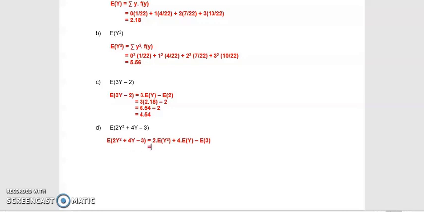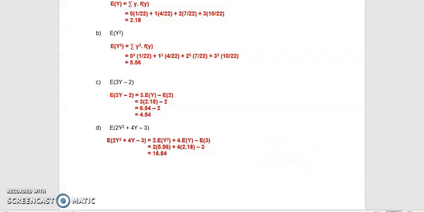So substitute the values: 2 times E[Y squared] from just now, 5.56, plus 4 multiplied by E[Y], which is 2.18, minus E[3]. E[3] is 3. If you calculate, the answer will be 16.84.